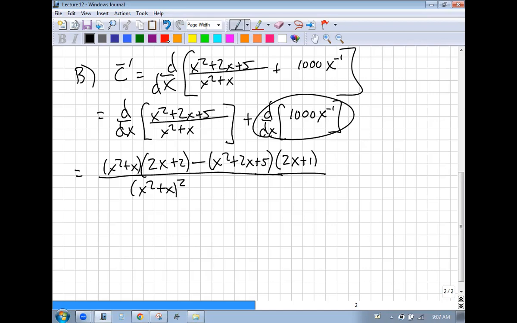Now we need the derivative of that. So we multiply by the exponent, so that would give us a minus, then we subtract 1 from the exponent. Okay, there's your marginal average cost. The rest is just algebra. I'll let y'all do the rest of that. Y'all can do algebra right now, right?